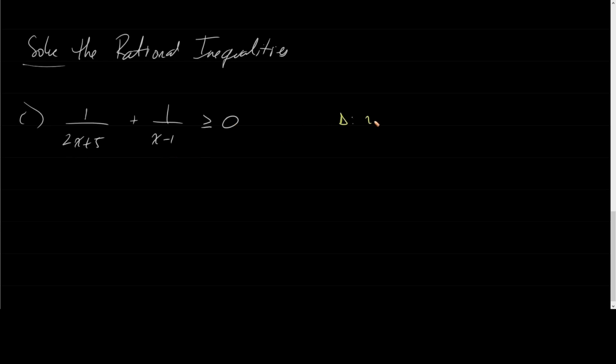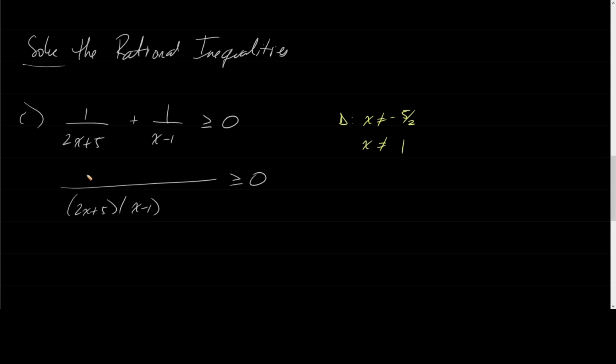So our domain is that x cannot be equal to -5/2 and x cannot be equal to -1, right? Excuse me, not -1, +1. Because these values would make these denominators 0. So we definitely cannot have those. Next thing we're going to do here is, well, let's come up with a common denominator. So what we're going to have here is 2x plus 5 times x minus 1, greater than or equal to 0.